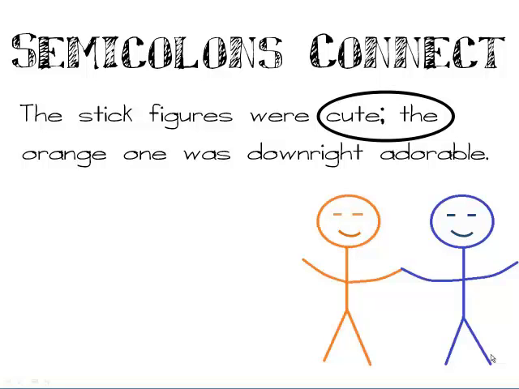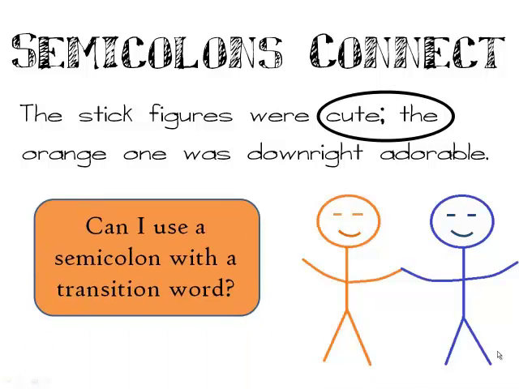Now the second thing that we need to talk about is transition words. Because a lot of times people want to throw in a transition word in addition to the semicolon. And so if you're wondering if you can use a transition word, the answer is yes and no.